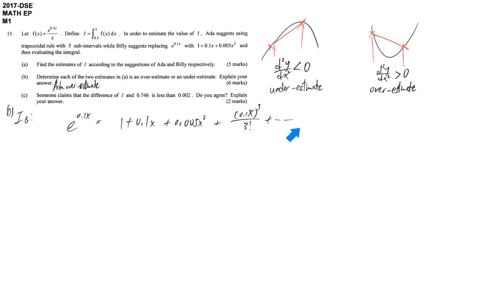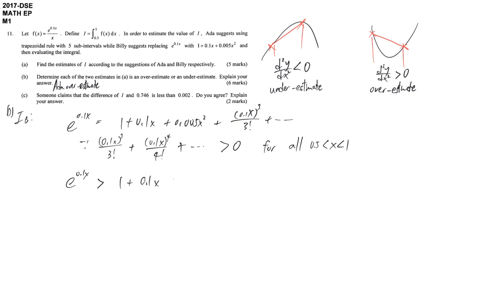All these terms which are missing are all positive values when x is between 0.5 and 1. Therefore, e^(0.1x) is larger than just these 3 terms. Same conclusion when we divide both sides by x, because x is a positive value in this range.